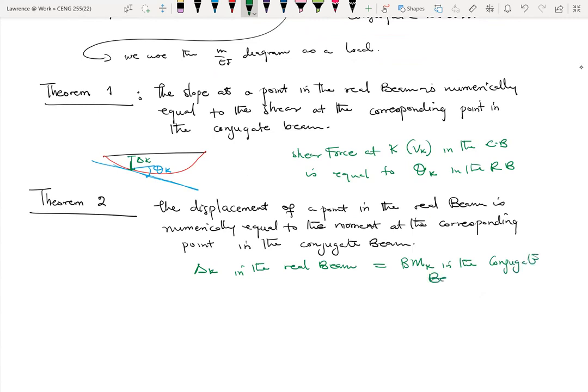If I'm able to do that, then I have my displacement. All right, so that's what it is.